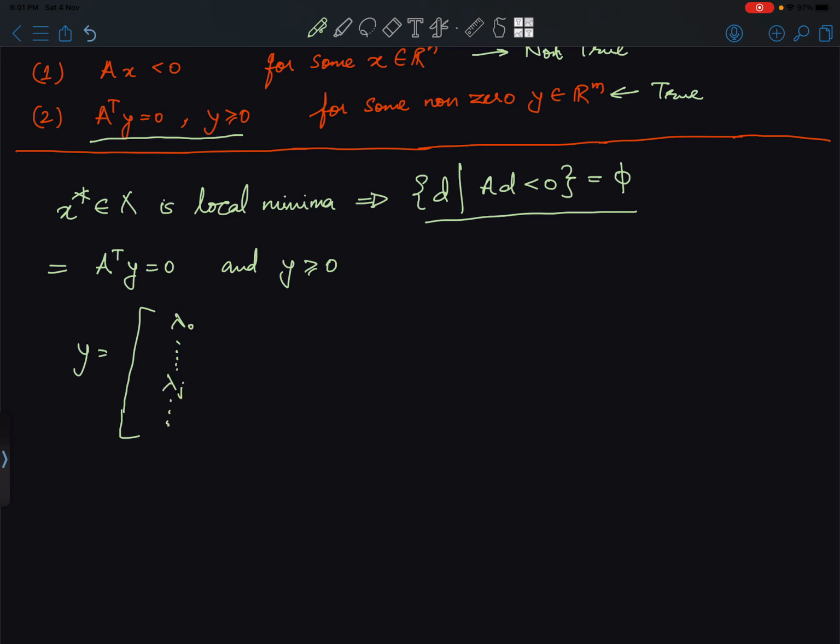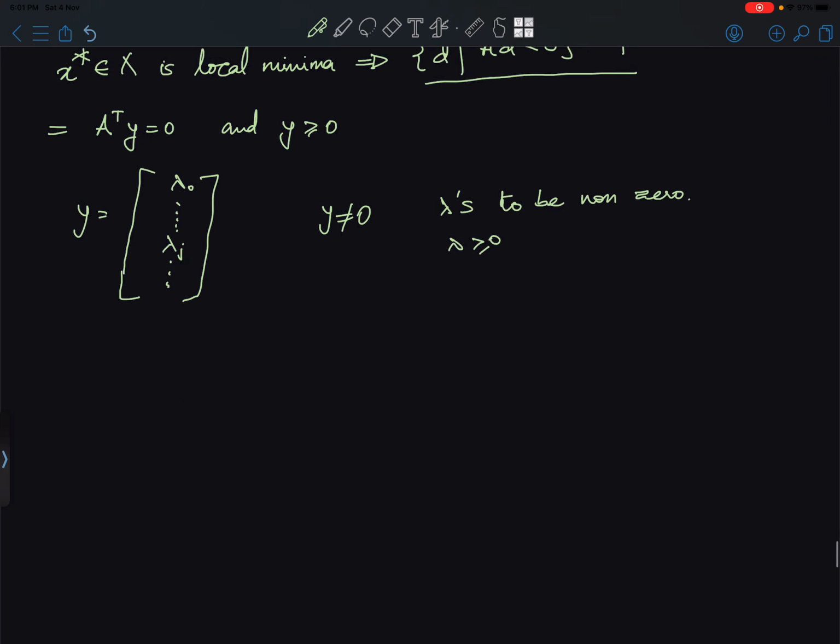Okay, so this is what I'm choosing my y as. For my y to be non-zero, I have to have at least one of these lambdas non-zero, and all the lambdas have to be greater than or equal to 0.